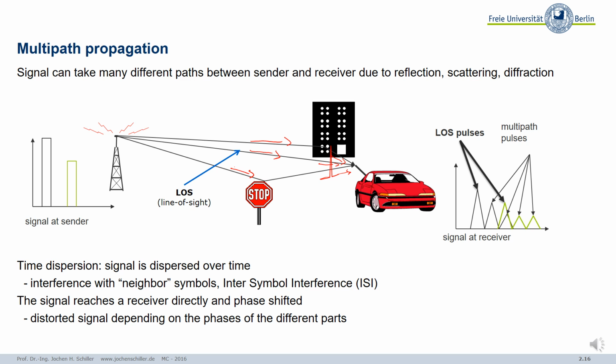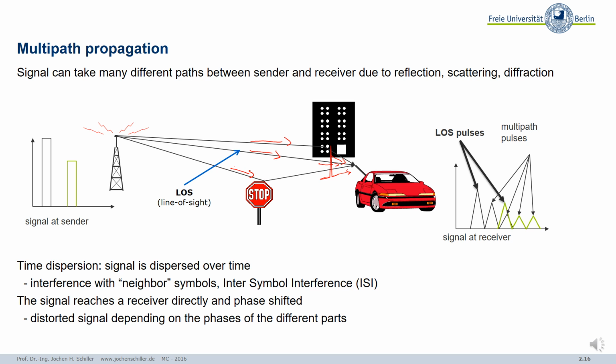Please remember that in real life we have an arbitrary, infinite number of paths. Because there are many reflections on tiny sand grains or on leaves of a tree. We have scattering and all these nice effects. The question is if they are interesting or not, if they really contribute. Here I show only 3.